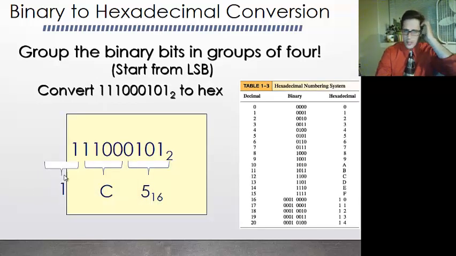So that's how we do that. We group it into groups of 4: 1, 1, 0, 0, 0, 1, 0, 1. So we should get 1C5 in hexadecimal.